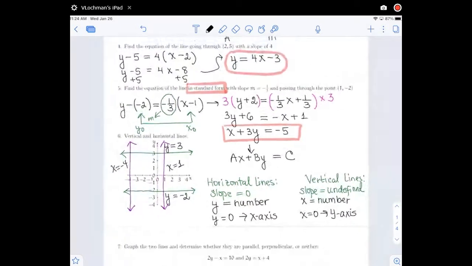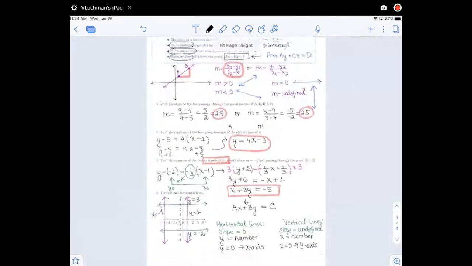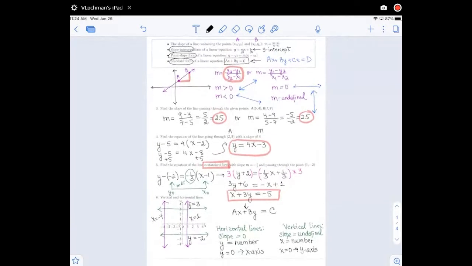Let me go ahead and project everything that we've done on this page and do a quick rundown. We've discussed how to compute the slope and what it means, a couple of different ways to compute it, and the possibilities: greater than 0, less than 0, 0 and undefined. That's it.